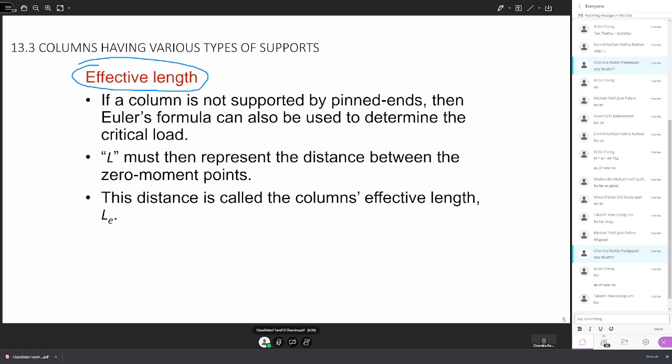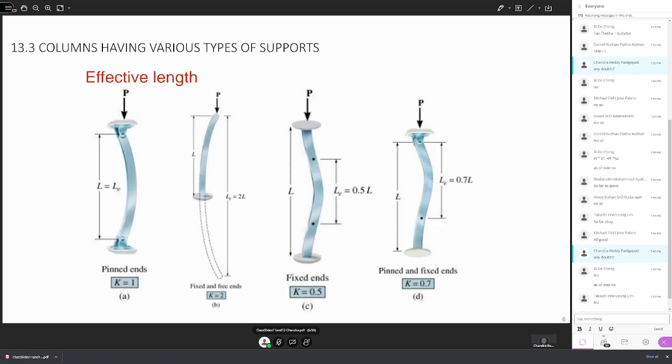The effective length is the length used if a column is not supported by pinned ends; there's a formula to find this effective length. You can see this is the important slide here. The effective length is defined in terms of how the column is supported. When the column is supported at both ends by pins, then the effective length LE is equivalent to the given length.